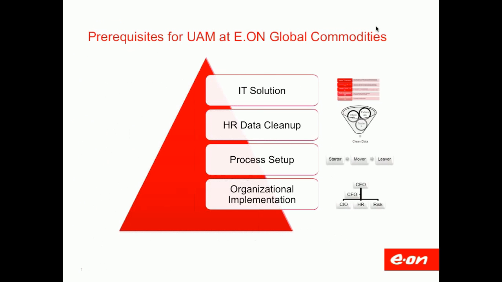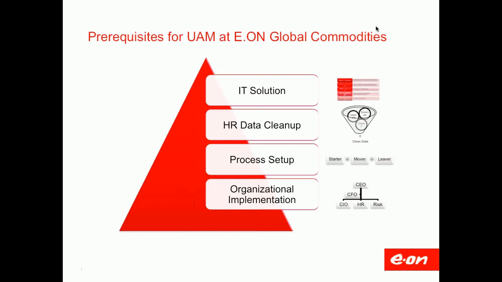But the second thing, which again was quite a challenge, was what we call the HR data cleanup. E.ON currently has roughly 80,000 employees, out of which about 36,000 work in Germany. All the rest are spread across Europe, and some across the world.